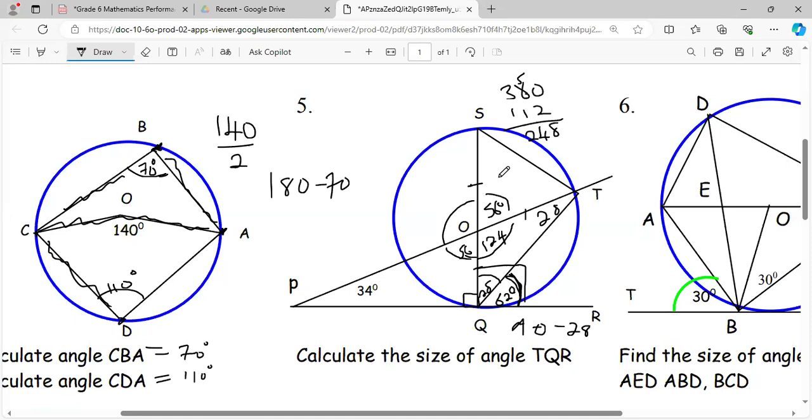Even though we found it already, let me just check. 180 take away 56, that's 124. So these are actually 62, because the two here add up to 124. So these are 62, and these are 62.